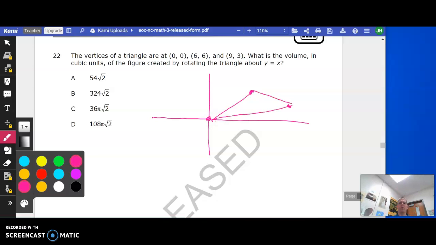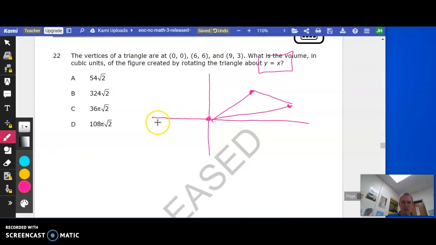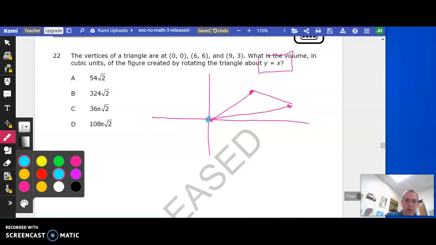Okay, and it says it's going to rotate this triangle around the line y equals x. Well, the line y equals x, you might know that that's the places where the x and y coordinate are equal. So that's places like 0, 0, 2, 2, 4, 4, 6, 6, 8, 8. It would be this line here.